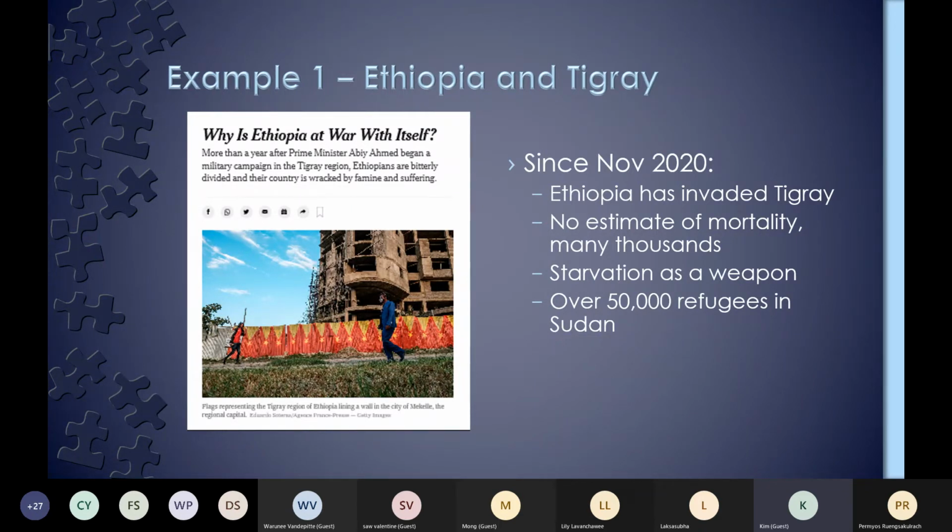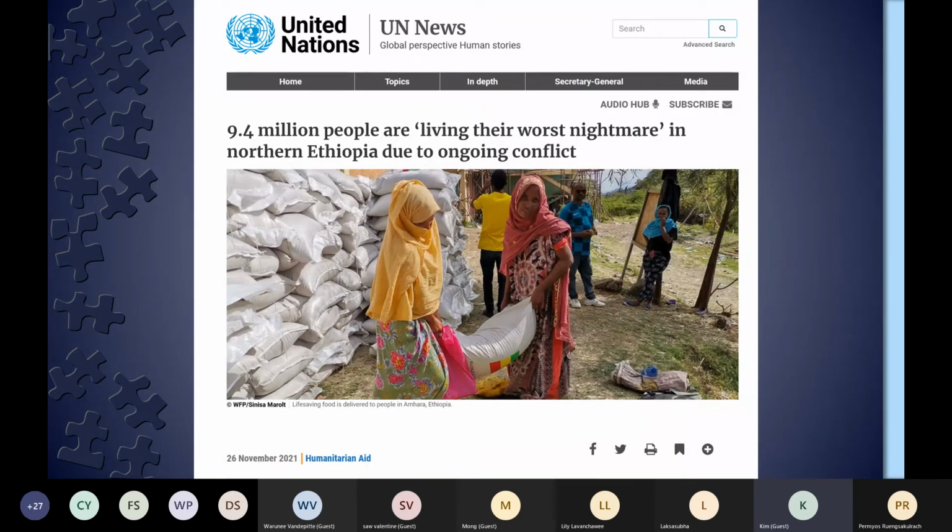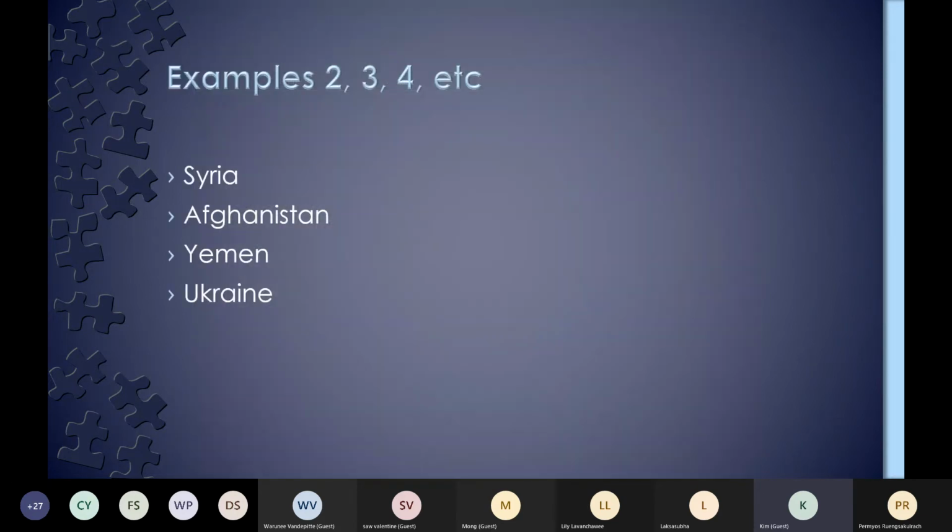So here we are 40 years later, same problem. It's, in my view, disgraceful. Nevertheless, this is the problem in Ethiopia, and it's been just simply not reported for reasons that I've already outlined. So there are other examples.